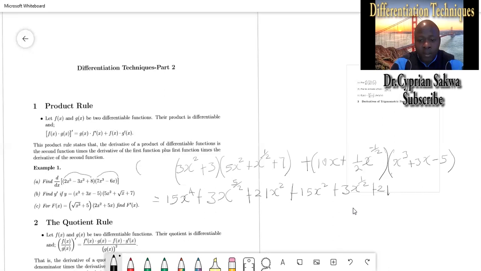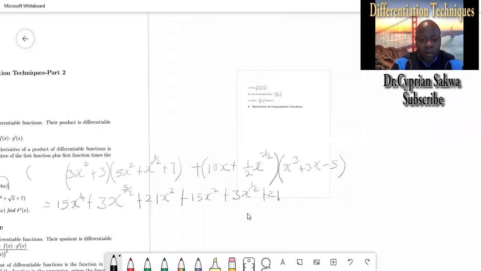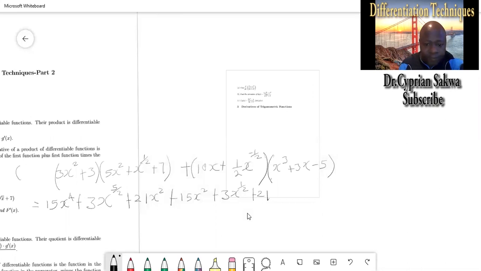Just create enough space. Then go all the way to this other side. Now 10 times that would have 10x raised to 4. And this would be 30x squared. And this would be negative 50x.